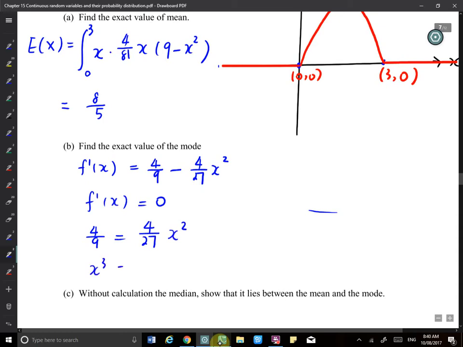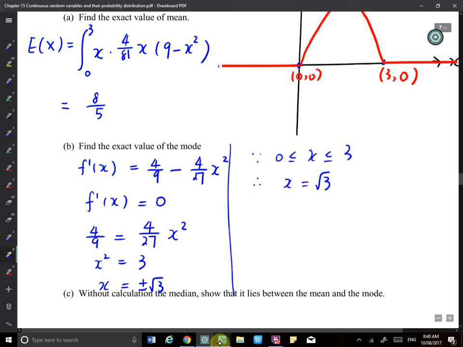So x squared equals to 3, x equals to plus minus root 3. Because x is only in between 0 to 3, so x equals to root 3.